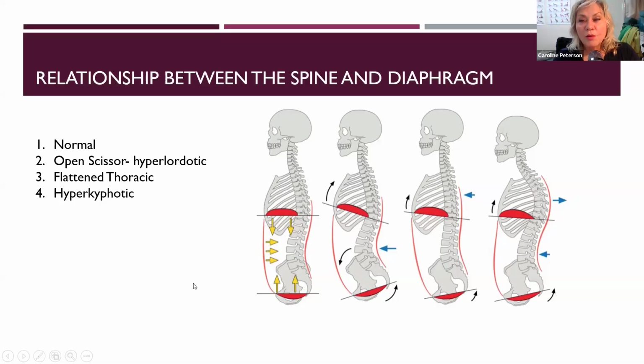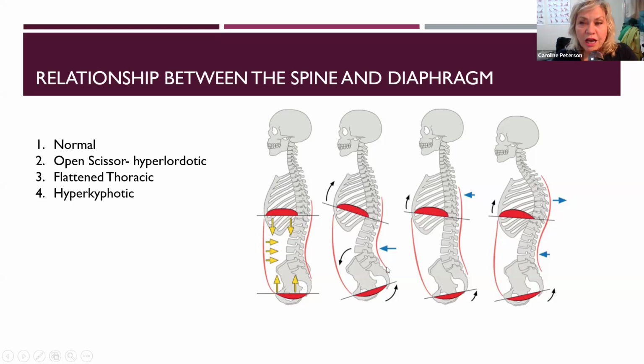So there are many postural patterns that we see where the diaphragms are not parallel to each other. And this causes musculoskeletal pain and problems and also abnormal breathing patterns.